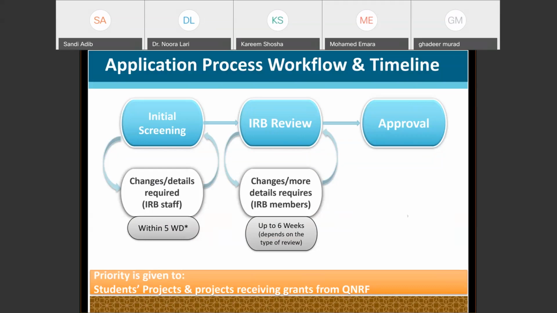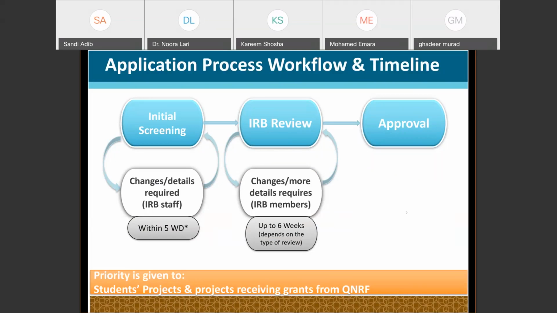When you receive comments or emails at the initial screening stage, you are receiving them from the IRB staff, not from the committee. And this can happen multiple times; it depends on your responses. For example, if all the initial screening comments are addressed, you won't see another initial screening email.